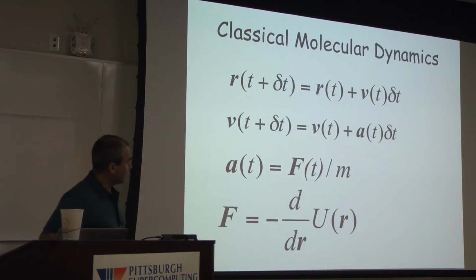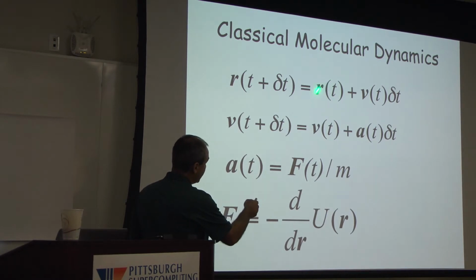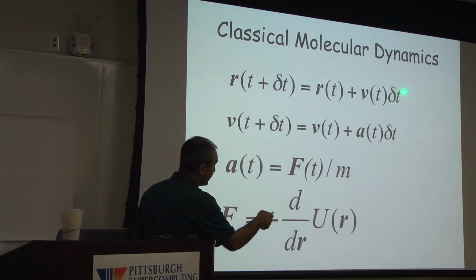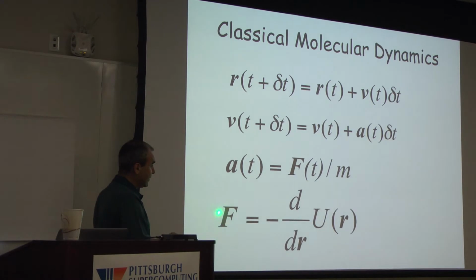So now see, you have this guy here, you know the position, and based on the velocity, you're going to move it for delta t. Now this velocity depends on the acceleration, of course, and acceleration depends on the force. So if you have a very high force acting on an atom in the molecular system, you will have very large acceleration.